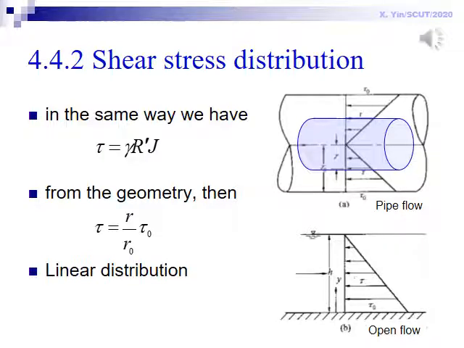Then we have the shear stress distribution on the cross-section expressed by the equation on the lower. It's linear as shown in the picture. The maximum value is on the boundary, while the minimum is 0 at the center for pipe flow and on the free surface for open flow.